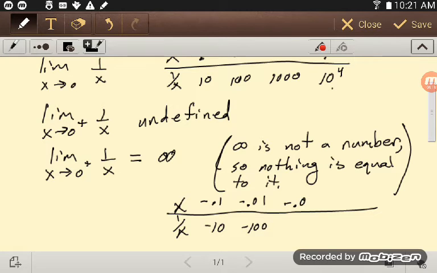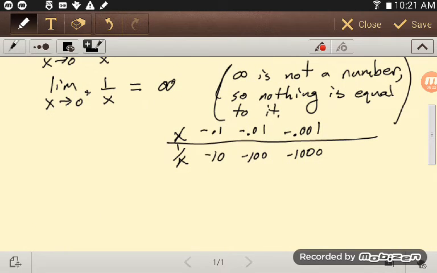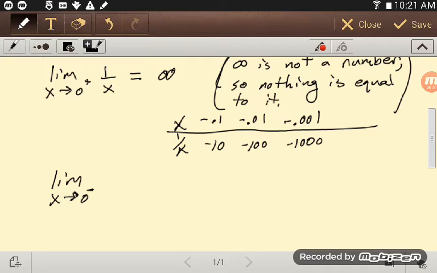Minus 0.001, I get negative 1,000, and so forth. So we see the same pattern, and we see that the limit as x goes to 0 from the left-hand side of 1 over x, in this case, we would write, is equal to negative infinity.